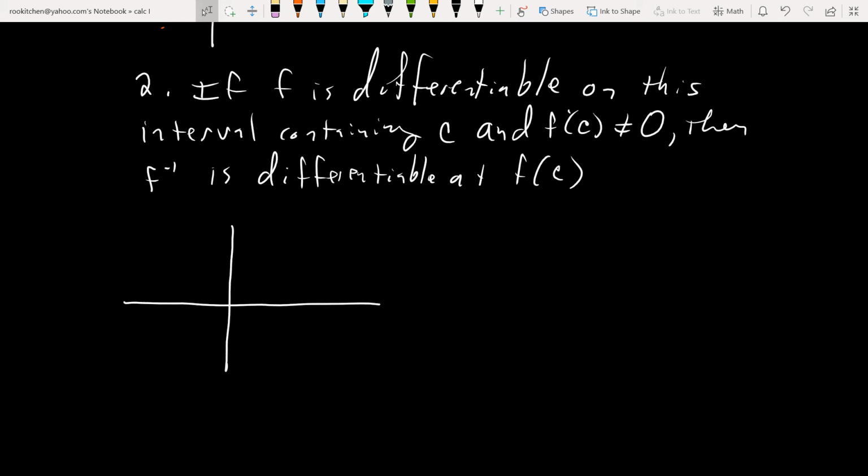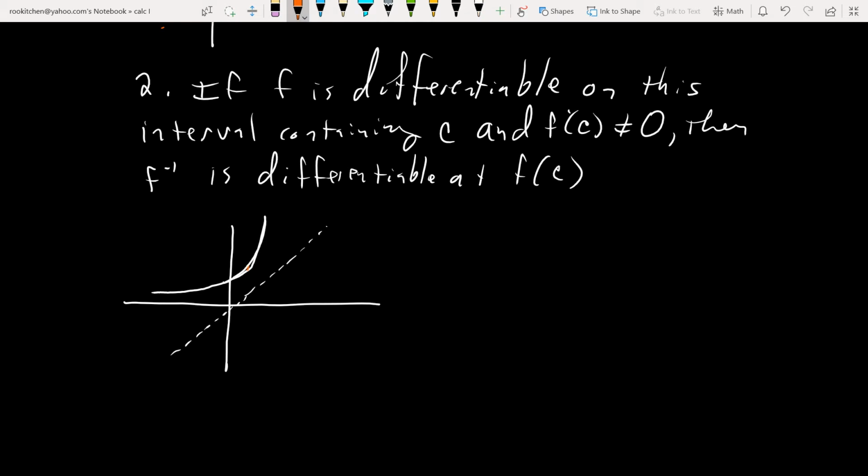If you think about the derivative as an indicator of the slope of the tangent line to the curve, let's draw it. I don't want to draw it too crazy, we'll just make it e to the x. What that is saying is that so long as it doesn't have a slope that's horizontal, as long as f prime of c is not equal to 0, in other words the slope at a particular point is not 0, then you'll be able to find the slope on the inverse.